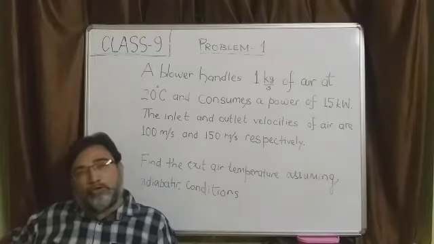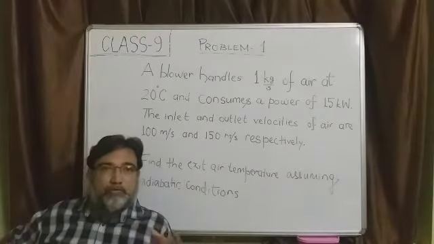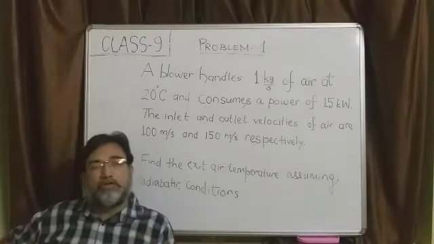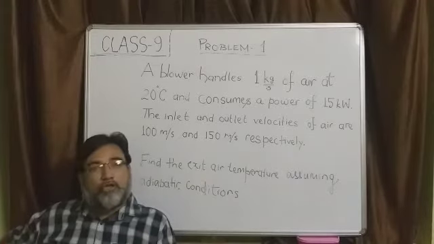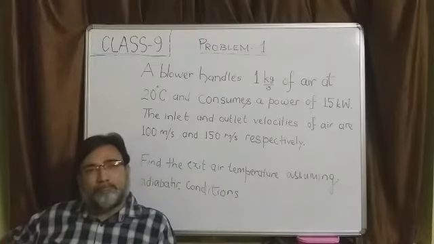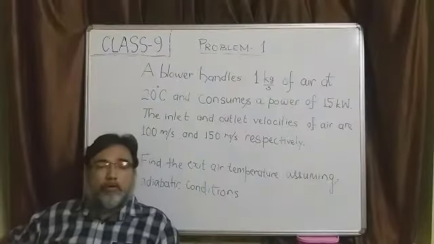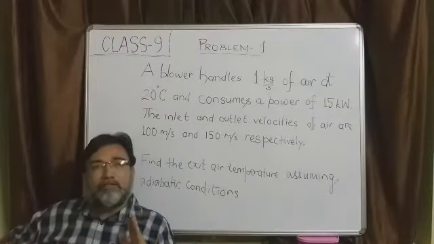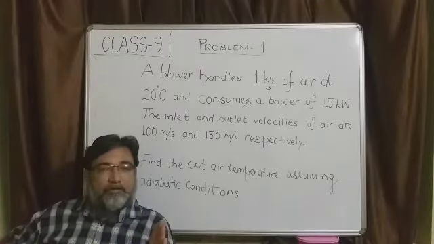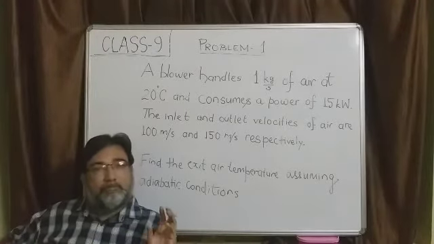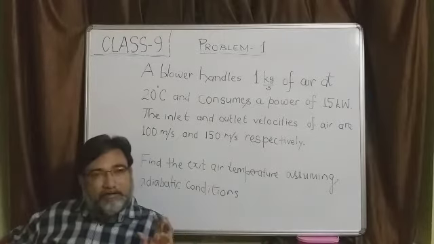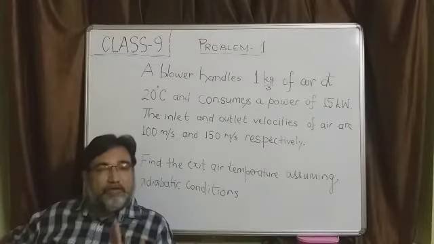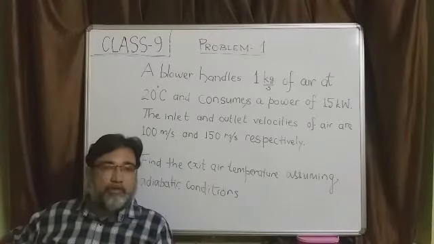And I also told you that when you are going to solve a numerical problem using steady flow energy equation, you have to keep certain things in mind. Today we will be solving a numerical problem that is there on the board, and there are certain things that you need to identify from the language of the problem, and then make a list of given information like any other thermodynamic solution.